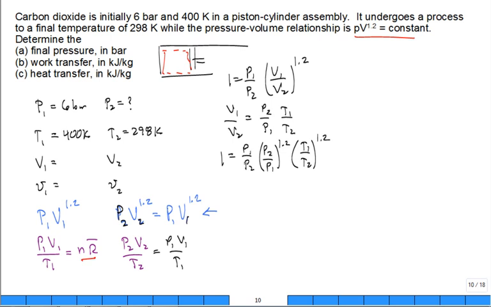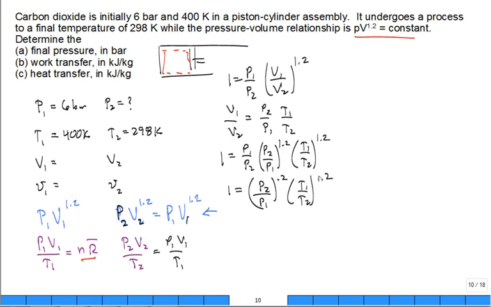Okay, so 1 is equal to, if I multiply right here, what will I have? That's a P1, I'll cancel that. It'll be P2 over P1 to the 0.2 times T1 over T2 to the 1.2.